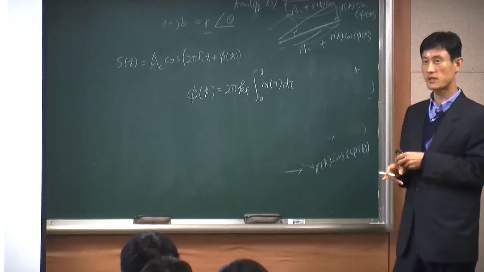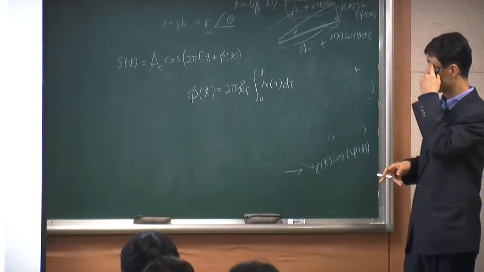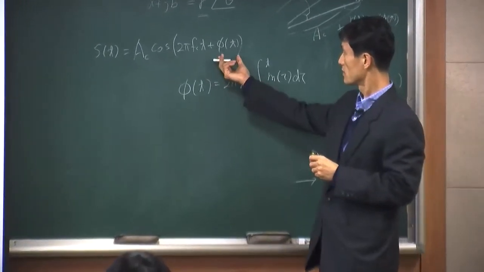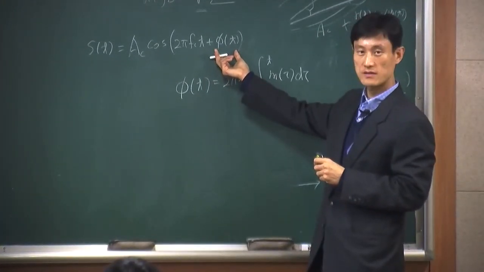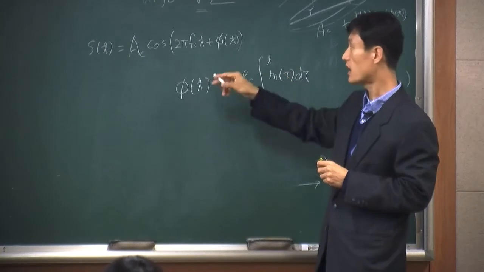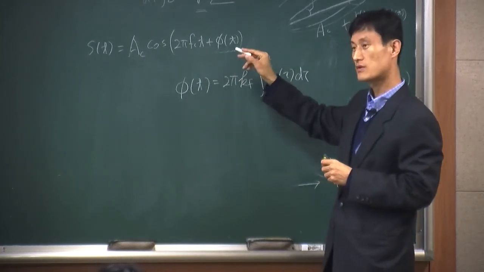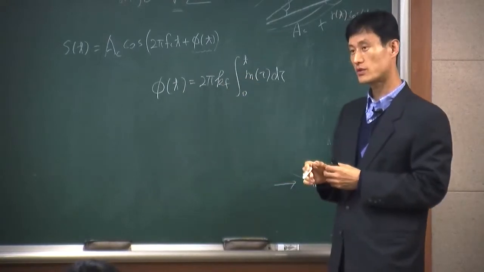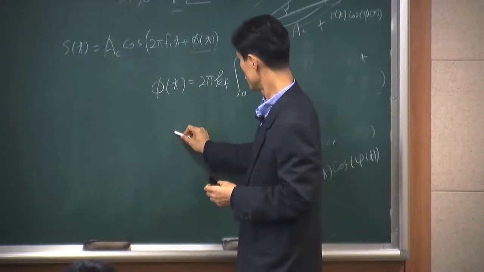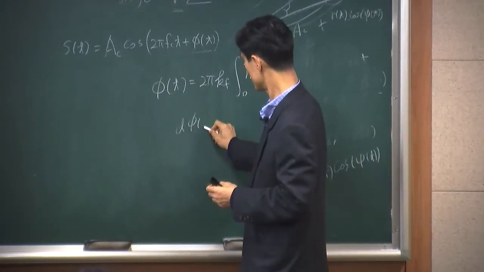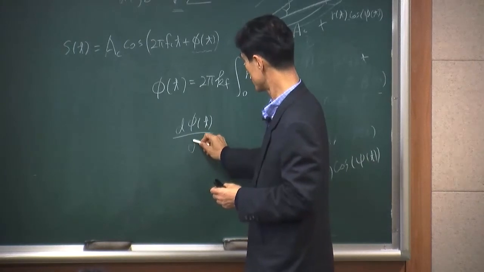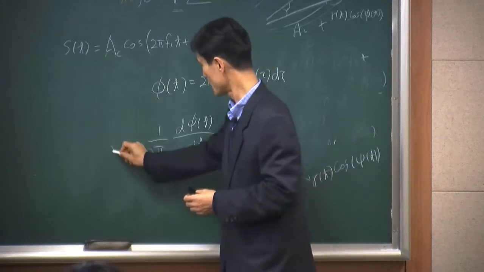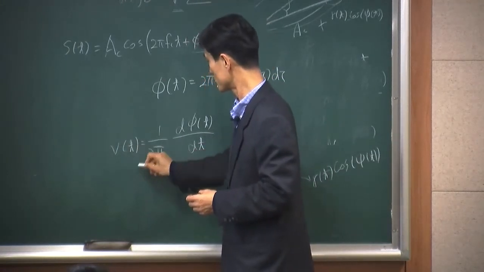So how do you recover the message in FM? First thing to do is we need to know the phase, because the message is part of your phase. So we need to know what the phase looks like. And then you need to take a derivative of the phase.